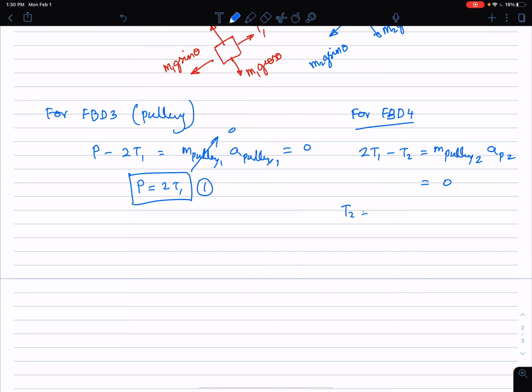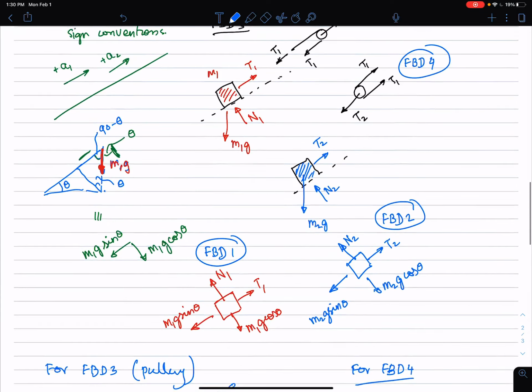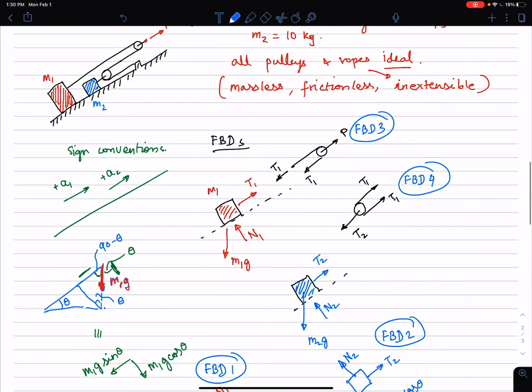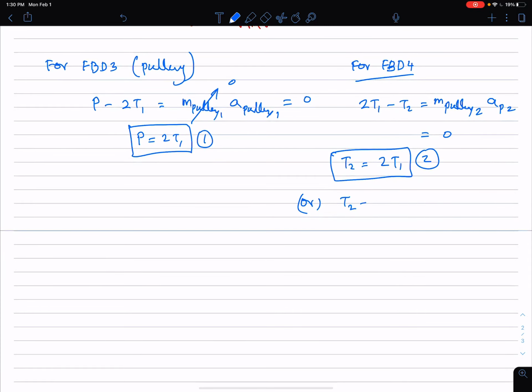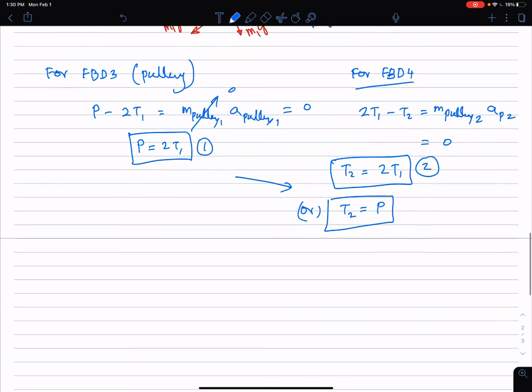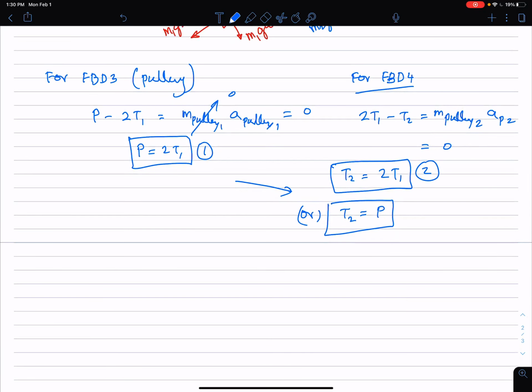So T2 equals 2T1, yeah, I guess that's right, okay? So T2 is basically equal to P, I suppose, bringing 1 into 2, okay? So we have those two equations now. So let's call this maybe 2.